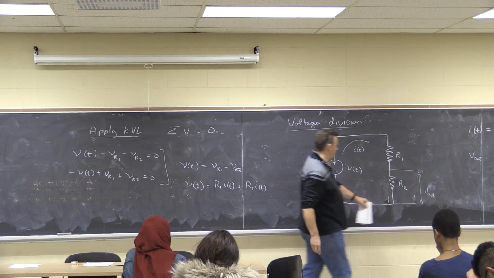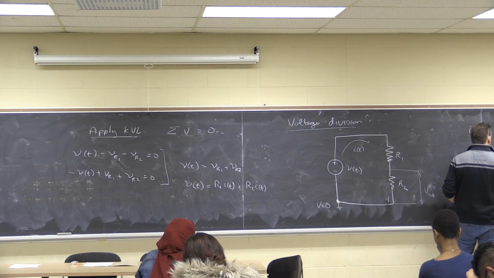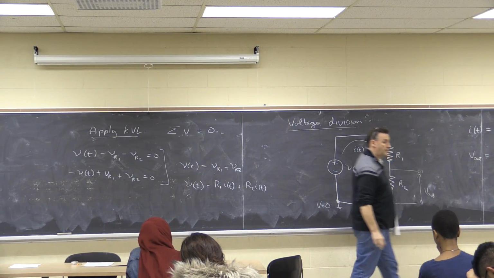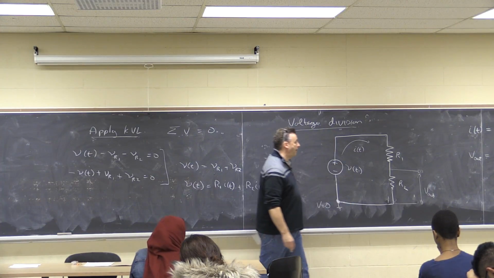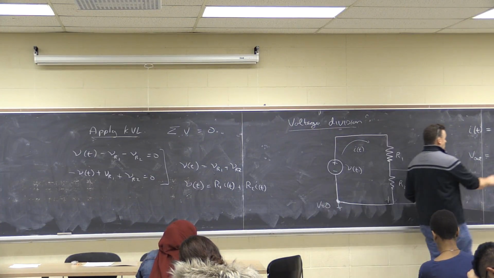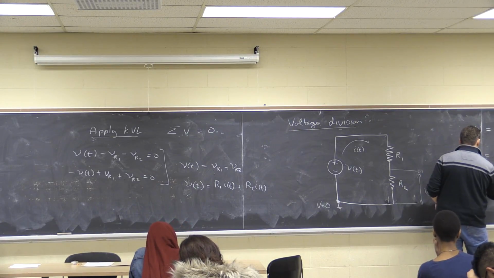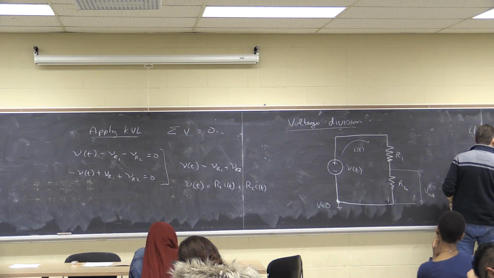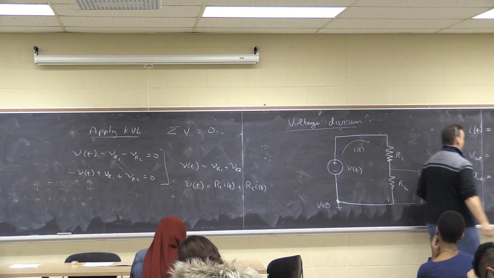So in that branch, I know V out equals I, which is a function of t, times R2, because I'm sticking the voltmeter across this resistance too. So substitute this. I can say V out equals R2 over R1 plus R2 times V of t.